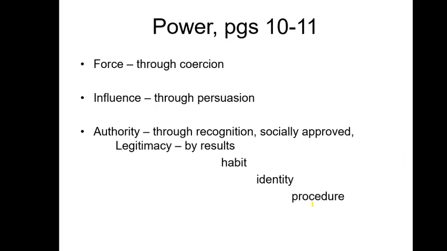Now, there's different ways of achieving power. Power is a very important topic in political science, because ultimately people get together to decide who is going to be in charge. So there's various ways of achieving power. One way is through force or through coercion, by taking it from other people or just assuming it through force or strength or might.